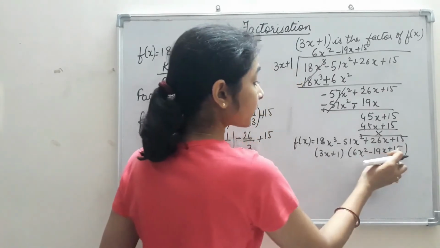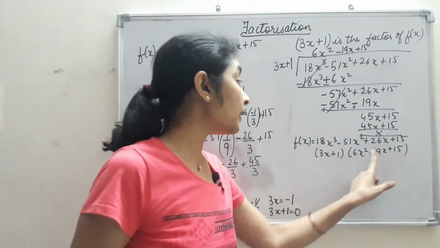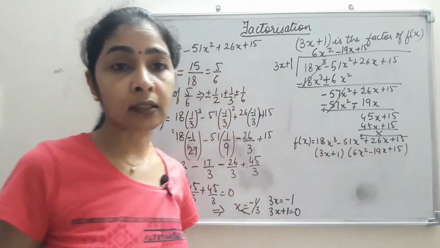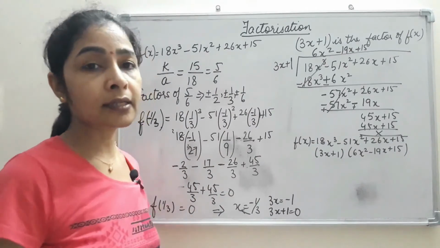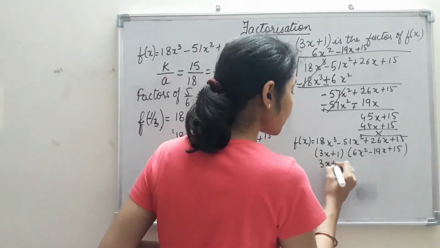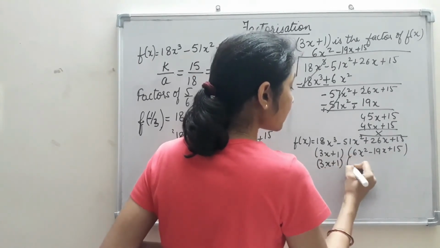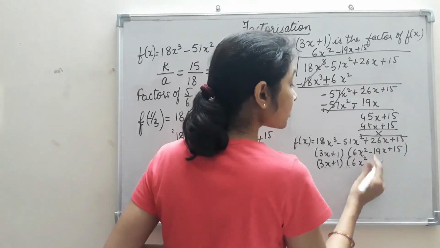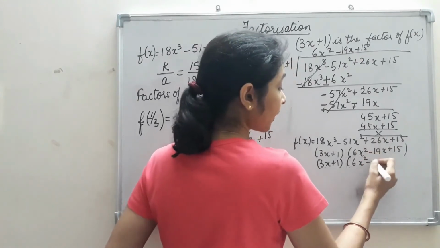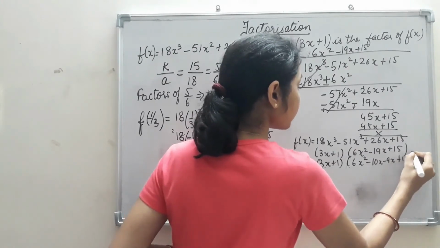Now we want the factors of 15 into 6, that means 90. The factors of 90, so that the sum or difference should be 19. It's very easy. 9 tens are 90. Okay. So here 3x plus 1 remains as it is, and here we split it into two parts. 6x square minus, both will be negative, minus 10x minus 9x plus 15.